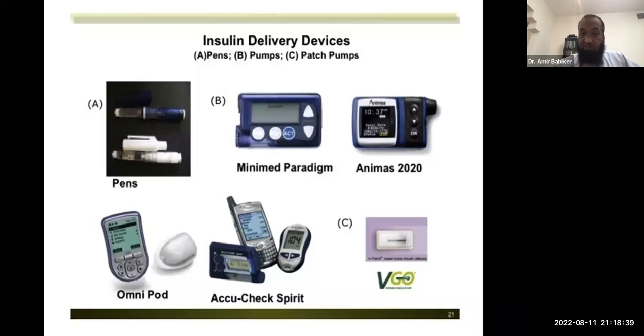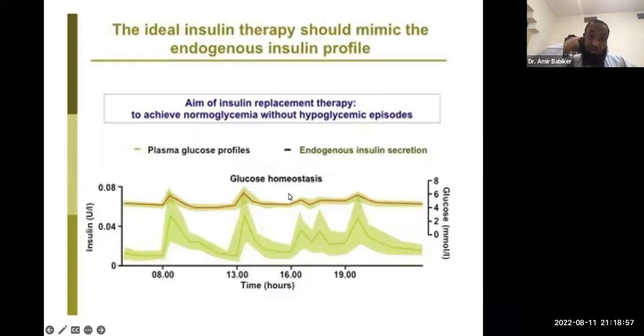These are the smart pumps that guard against lows, and there are models of them. So instead of the Medtronic, we now also have the Medtronic 640G and 780G. There are some models of this, Accu-Chek from Roche, and different companies working on this. And all of them try to mimic the physiology.